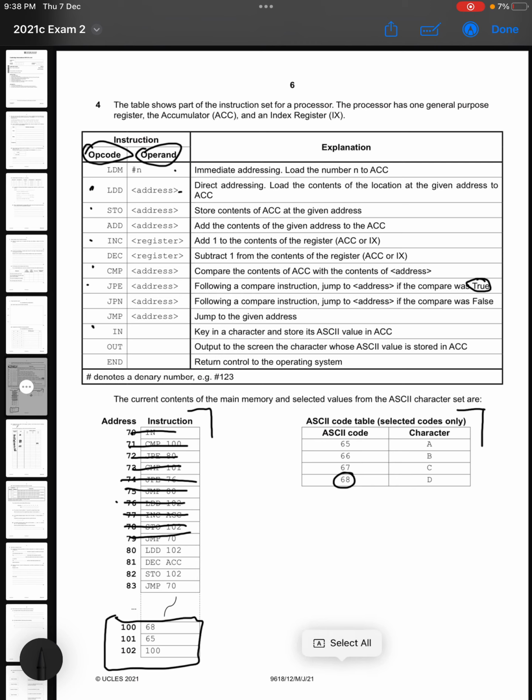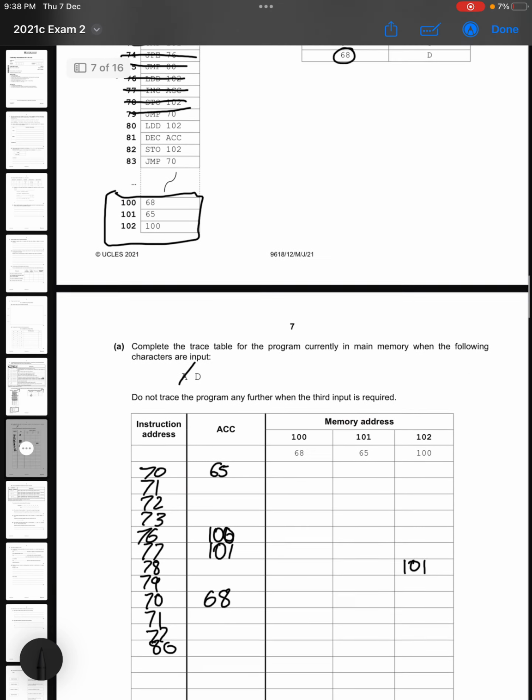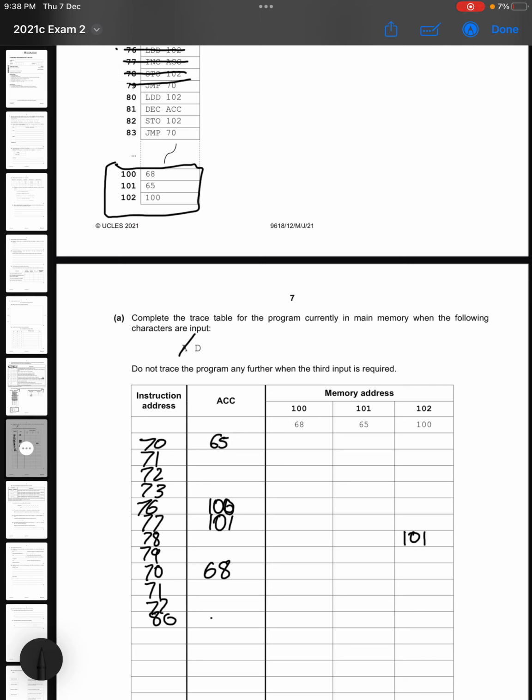So we're going to put 100 in here. Now our new value for 102 is 101. So we're going to put 101 now into ACC, because as we know here, the new value stored in address 102 is 101, not 100.